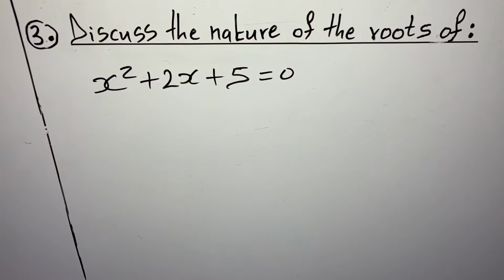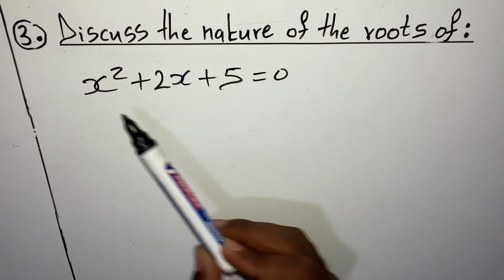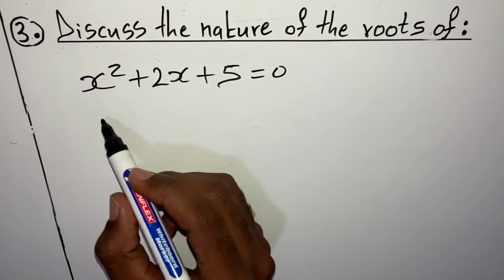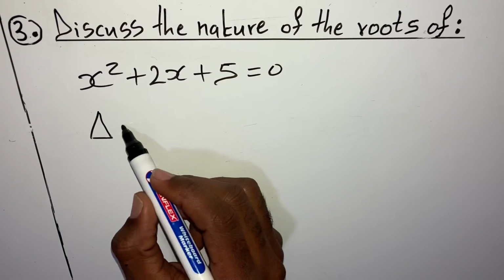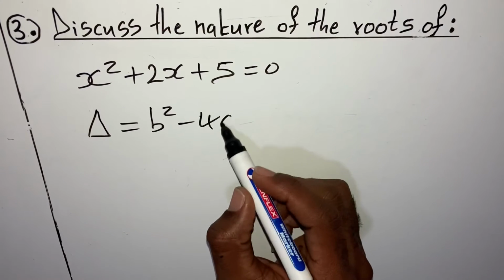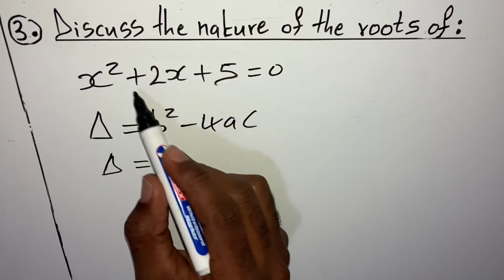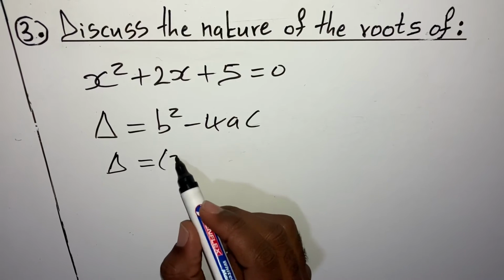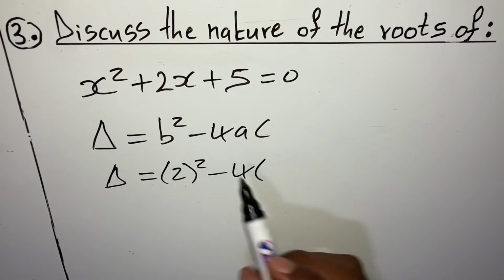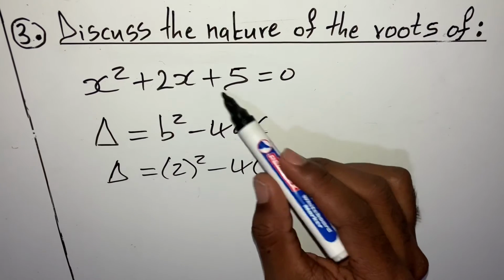Our third sum, same instruction. Discuss the nature of the roots of x squared plus 2x plus 5 equals 0. Then we'll have to find our delta using the formula b squared minus 4ac. Our delta being my b is 2 squared minus 4, my a is 1, then my c is 5.